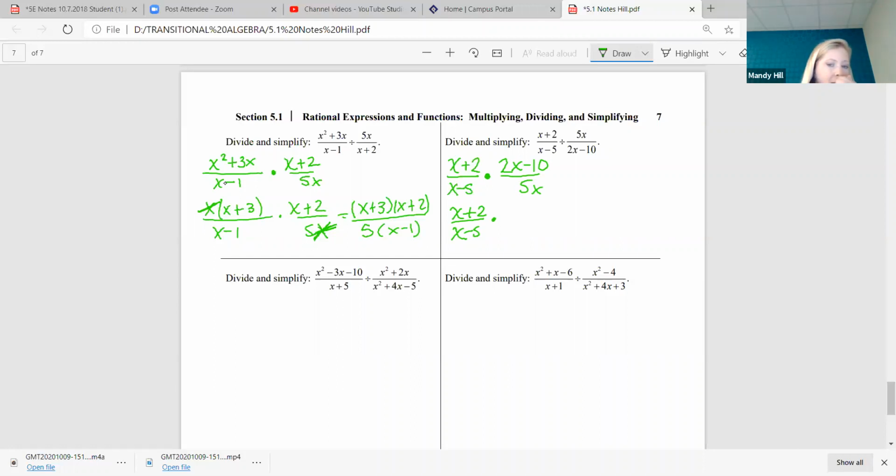If I take a 2 out of 2x, I'm just going to have x. If I take a 2 out of negative 10, I'm going to have negative 5. And I got a 5x on the bottom. Well, that helped a little bit because at least this x minus 5 cancels out with this x minus 5. So on the top, I would have 2 times x plus 2 over 5x, but nothing else is going to go on that one.